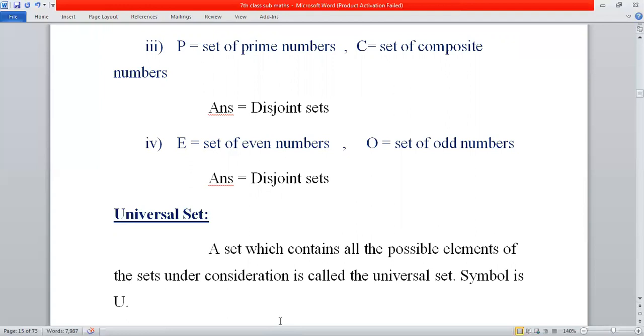The symbol used for the universal set is capital U. It means that if you have any question, all the elements of the sets given in the question will be present in the universal set. You can say that the universal set is the biggest set which contains all the elements of the sets under discussion.